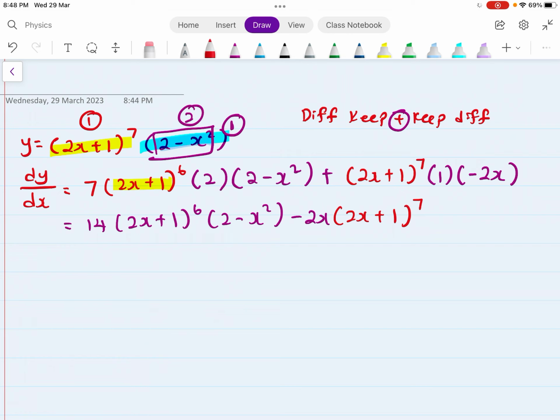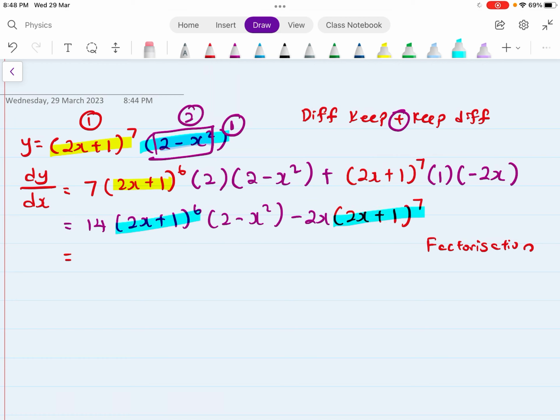Next part will be the factorization part. Because if you just leave it like that, you will not get the full credit. You will get partial credit, not the full credit. So what you need to do is the factorization. There are a few things to factorize out. First, you can factorize out the bracket here.